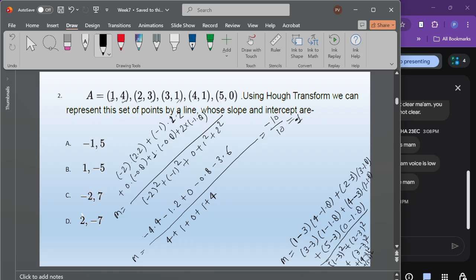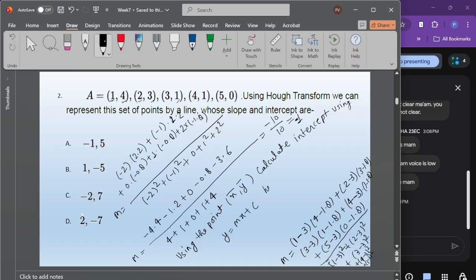And now we need to calculate the c, that is the intercept, using the point x dash and y dash that we have calculated. Calculate the intercept using the straight line equation, that is y is equal to mx plus c.